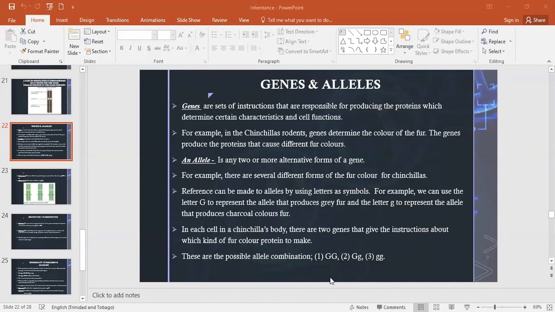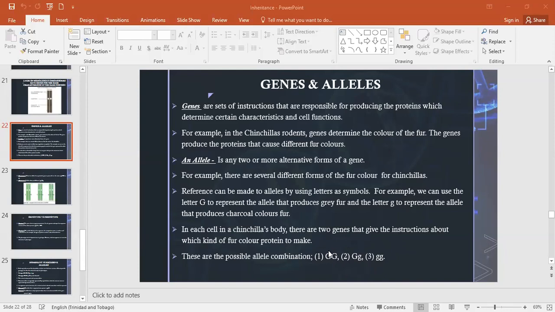So let's just say, for example, one parent has all dominant gray genes, and the next parent has dominant, but it also has the capability of having charcoal fur. When both of them come together, you will get different probabilities because you will have this allele mixing with this allele and so forth.